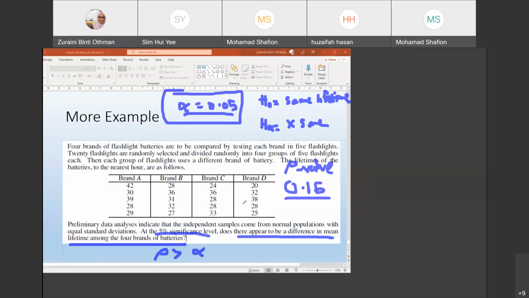So here we can conclude that there is not enough evidence to conclude that the mean lifetimes of the brands of battery differ, because we get a value that is more than 0.05 here.